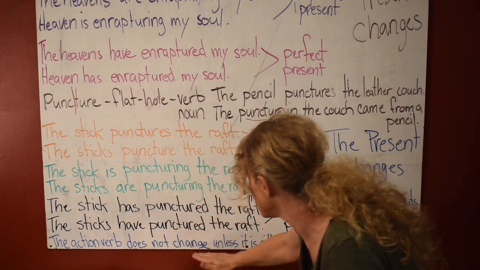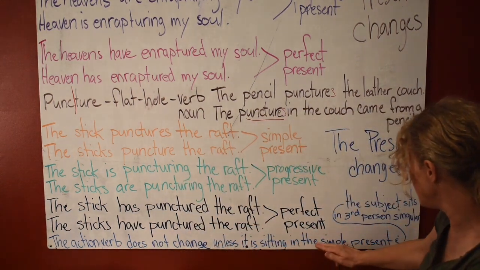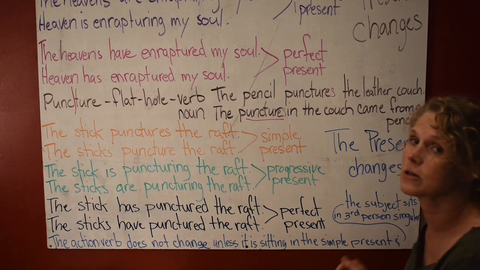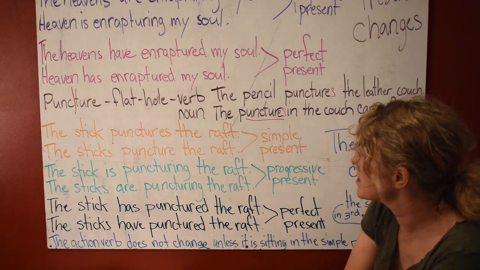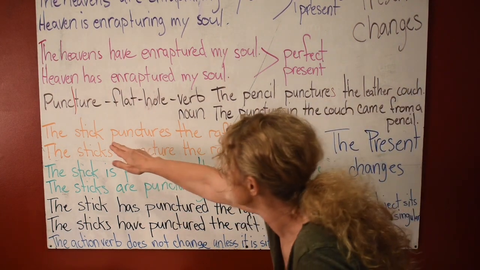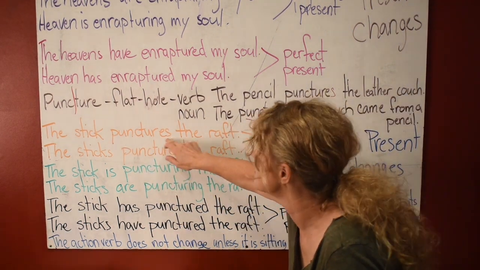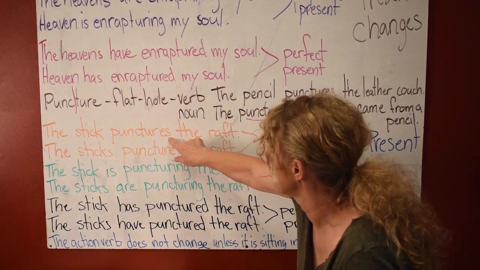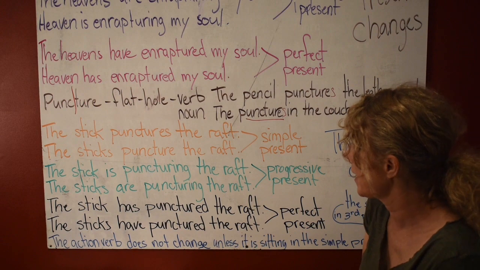The action verb does not change unless it is sitting in the simple present and the subject sits in the third person singular. Okay? That's when you're going to see it with the plural S. It has to sit in the third person singular for the S to change. Okay?